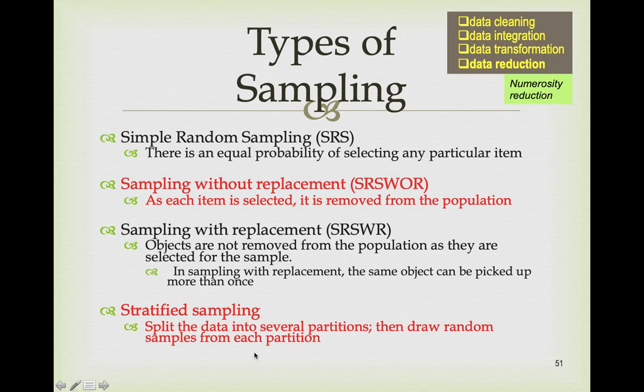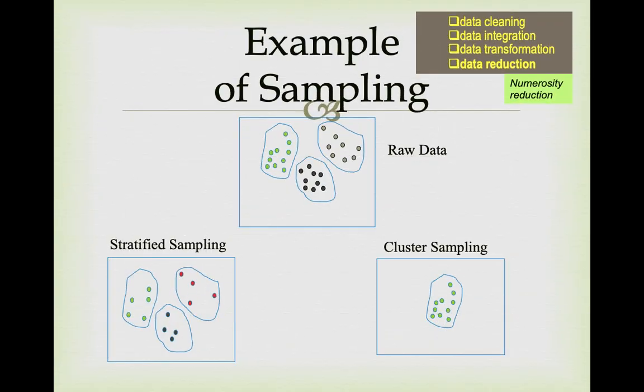We also have stratified sampling, which splits the data into several partitions, then draws random samples from each partition. So this is the example of sampling. This is the raw data. This is stratified sampling. This is cluster sampling.